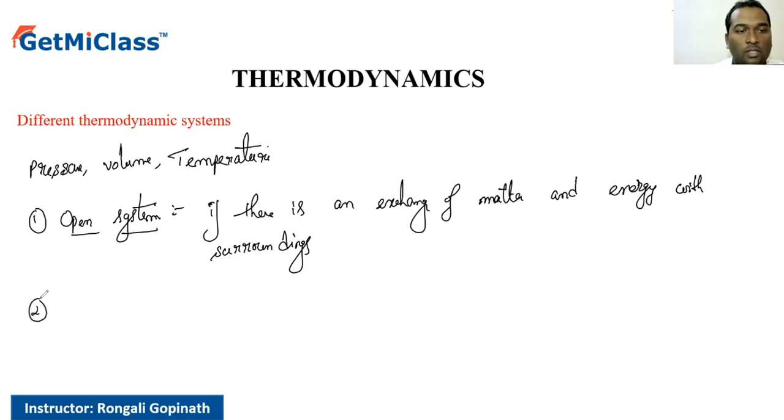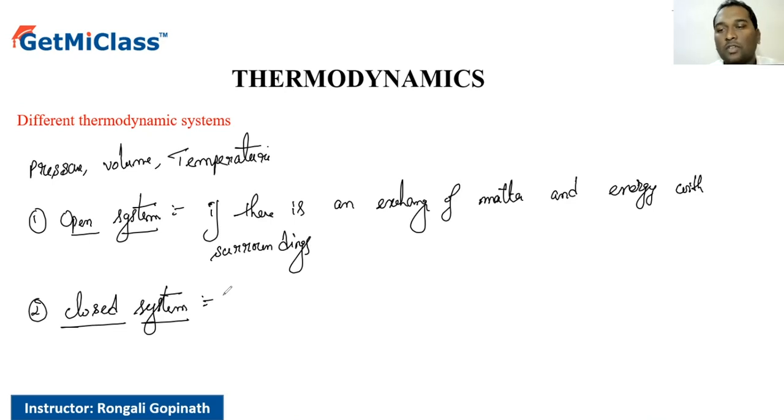And the second one is called a closed system. In the case of a closed system, by the name itself, we should be able to understand that exchange of matter is not possible. That is, there is no exchange of any mass between the system and the surroundings, but there can be exchange of energy between the system and the surroundings.